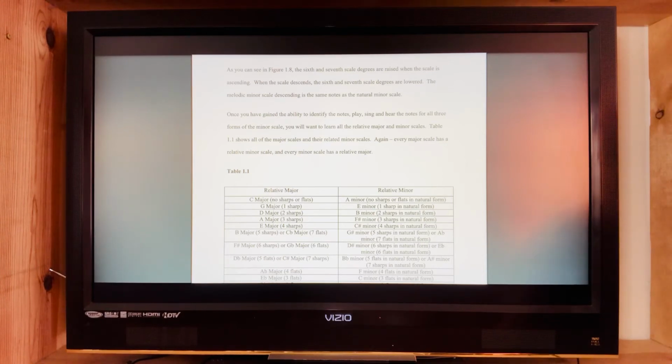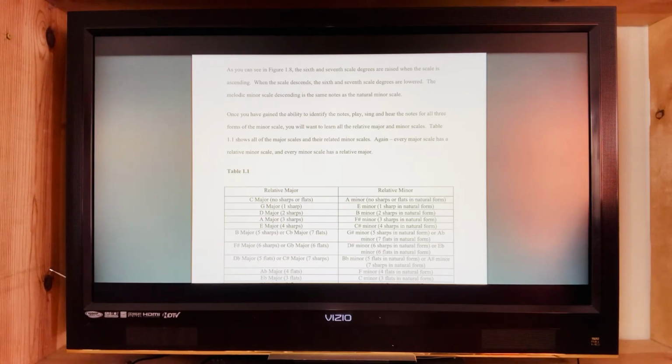So the melodic only makes a difference if you're going to ascend. Once you've gained the ability to identify the notes, play, sing, and hear the notes for all 3 forms of the minor scale, you will want to learn all the relative major and minor scales.